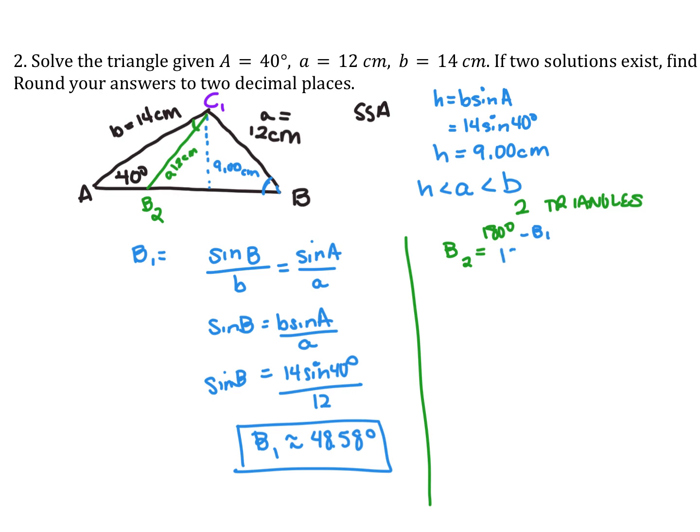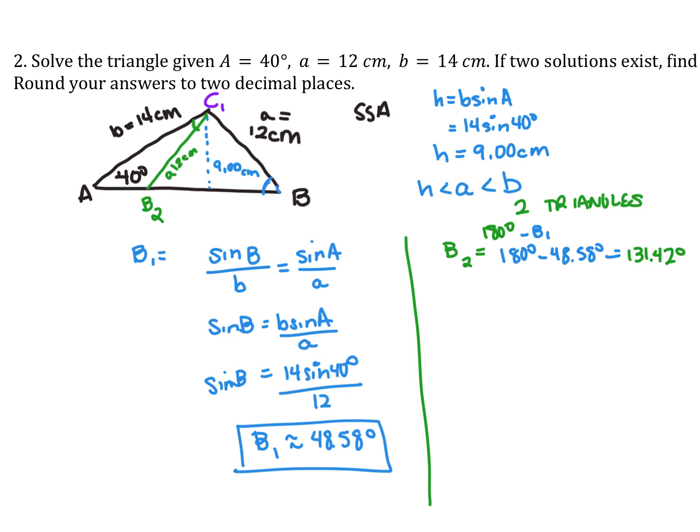So 180 minus 48.58 degrees gives us the second angle, 131.42 degrees. So B2 would be this angle right here, 131.42 degrees.